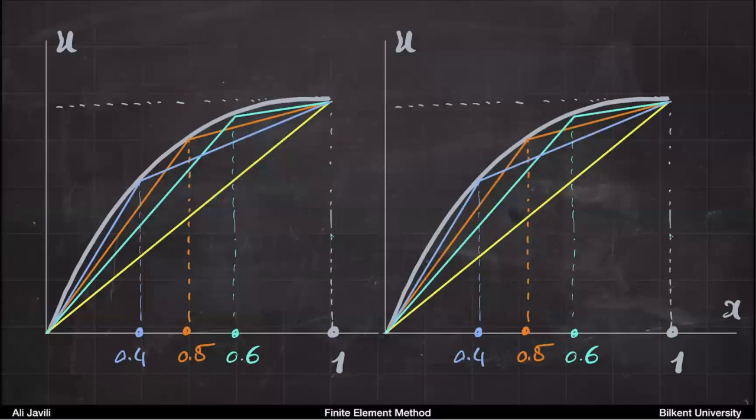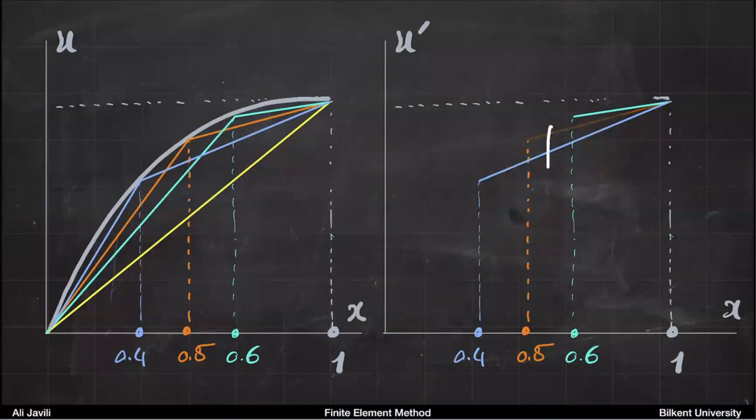Now on the left-hand side, you have your u with respect to x. On the right-hand side, what I want to do is to have u prime with respect to x. Let's think about what happens to u prime. In order to do that, I'm going to remove these lines that we had. Okay, so let's think about these lines exactly, but now in terms of u prime.